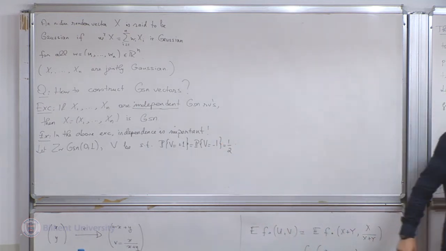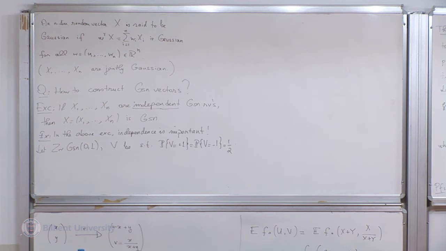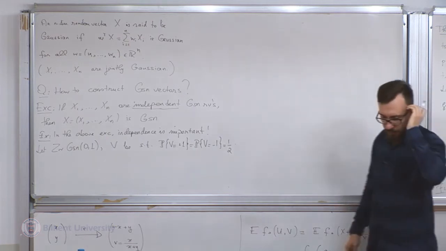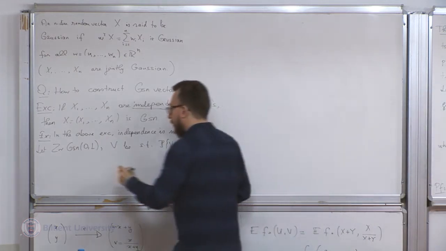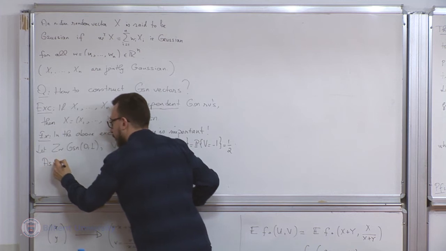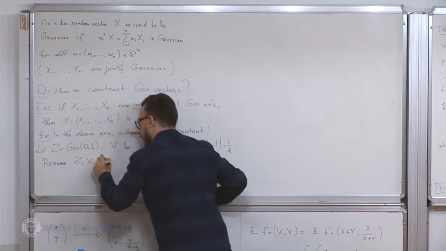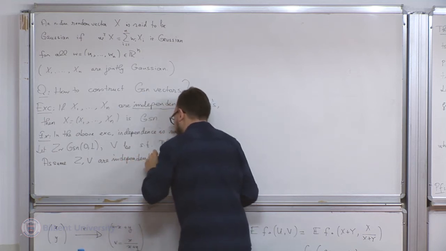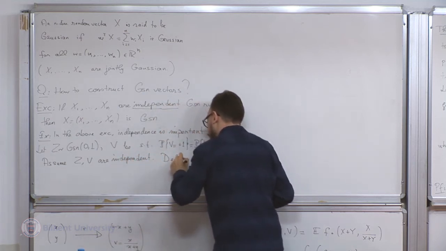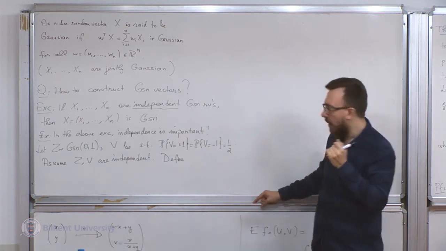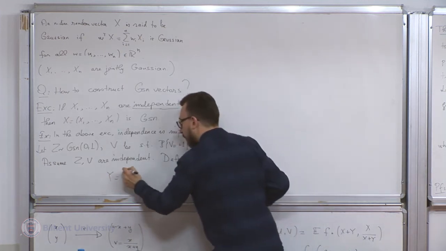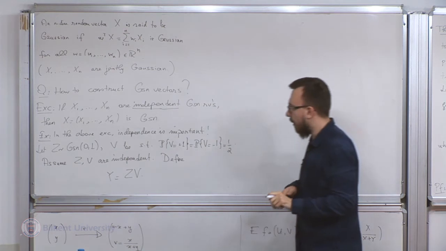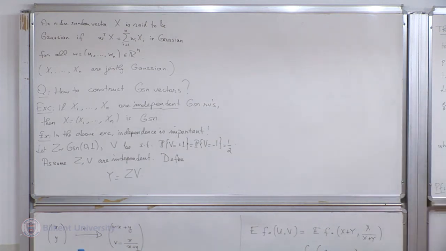It's not Bernoulli, but it's like Bernoulli: not 0, 1, but minus 1 and 1 with equal probabilities. And assume Z and V are independent. Now define another random variable, Y, which is the product of the two.